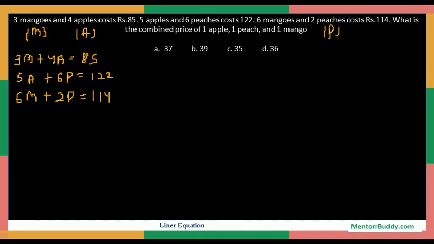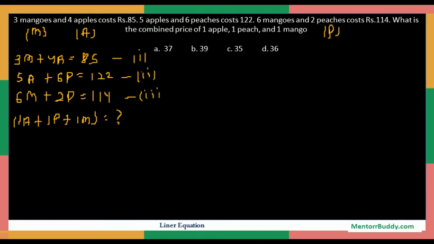Then what will be the cost of 1 apple plus 1 peach plus 1 mango? What will be the effective cost of these 3 quantities? Now you can see there are 3 unknowns, that is mango, apple and peach, and there are 3 equations. Let's say this is the first equation, this the second equation, and this the third equation.